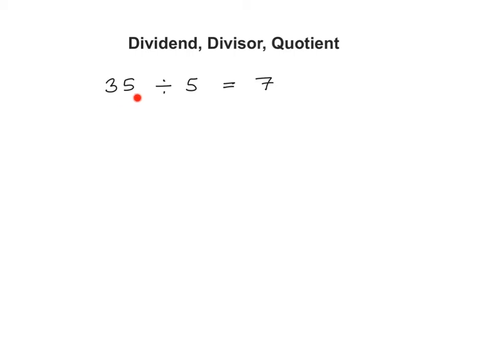The number to be divided, the number we are dividing into, is called the dividend. The number we are dividing by is called the divisor. And the result we obtain, the answer we obtain, is called the quotient.